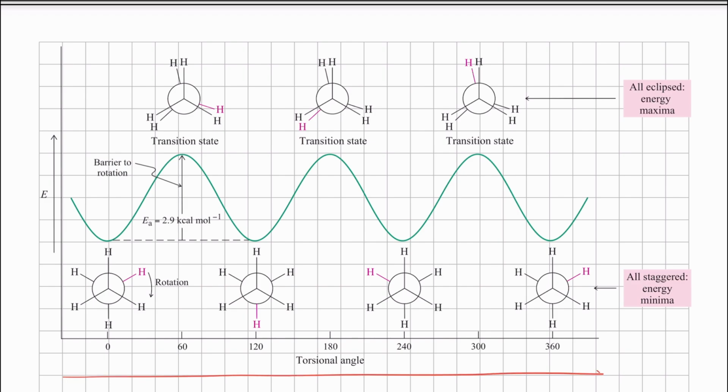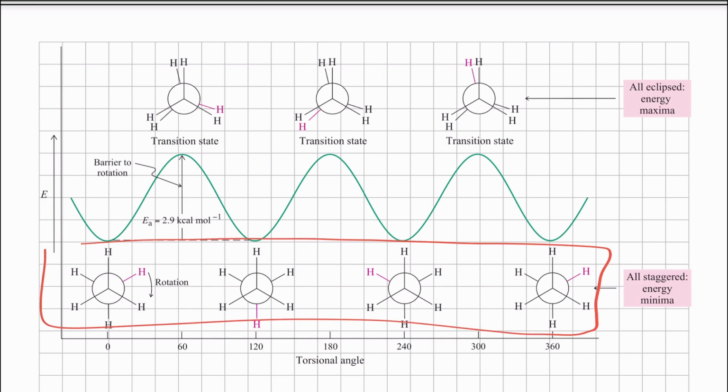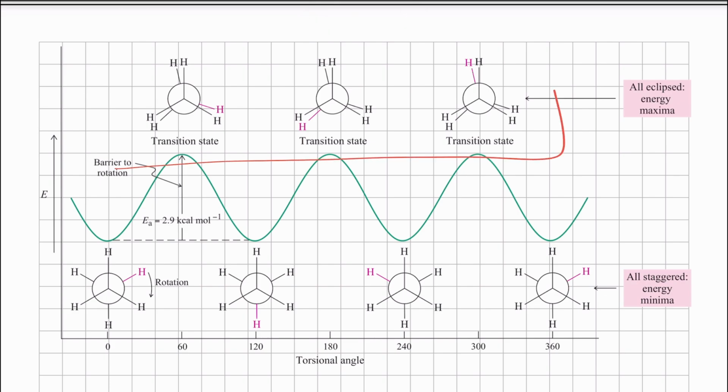This one shows the torsional angle, which I'm going to discuss, and this one shows the energy. As we go higher, the energy gets more. As you look at the lower part of the diagram, you can see the staggered conformations. However, on the upper parts of the diagram, we can see the eclipsed conformations.